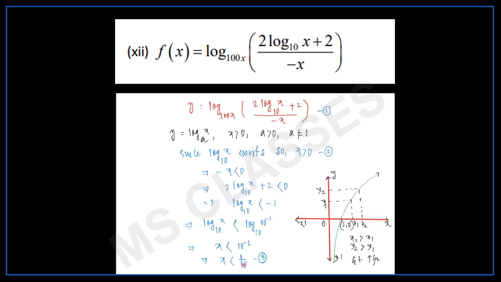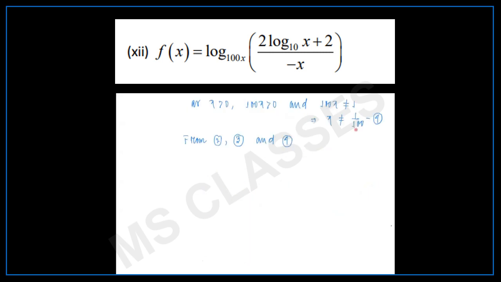And from the fourth one we have understood x not equal to 1 by 100. So we can say that x is greater than 0, less than 1 by 10, and x not equal to 1 by 100. So x belongs to (0, 1 by 100) union (1 by 100, 1 by 10).